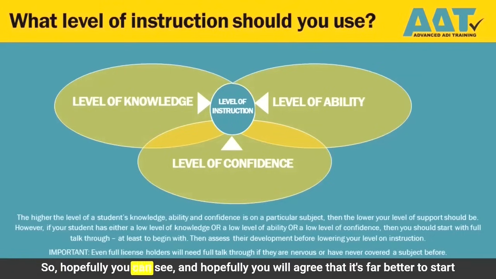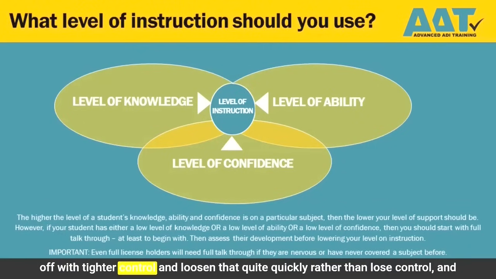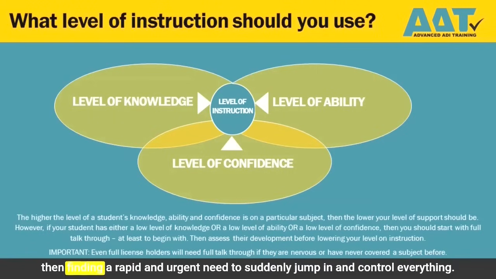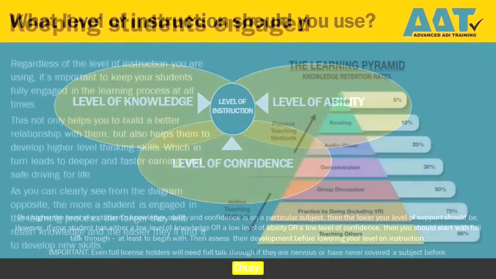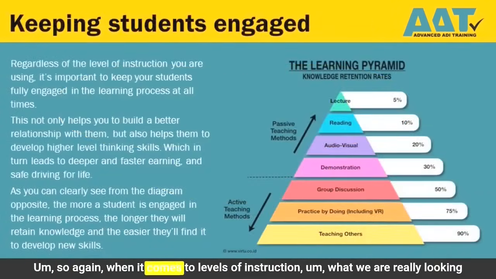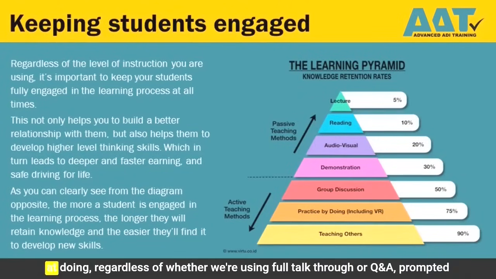So hopefully you can see, and hopefully you agree, that it's far better to start off with tight control and loosen that quite quickly, rather than loose control and then finding a rapid and urgent need to suddenly jump in and control everything.